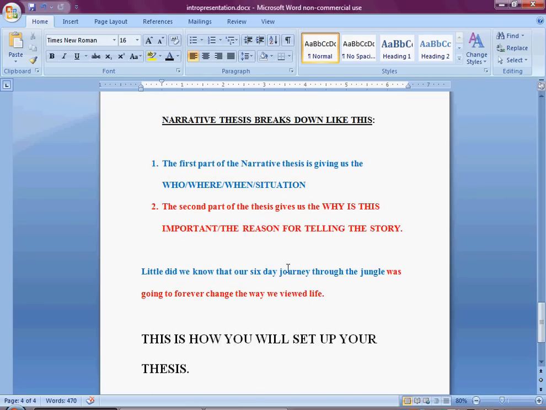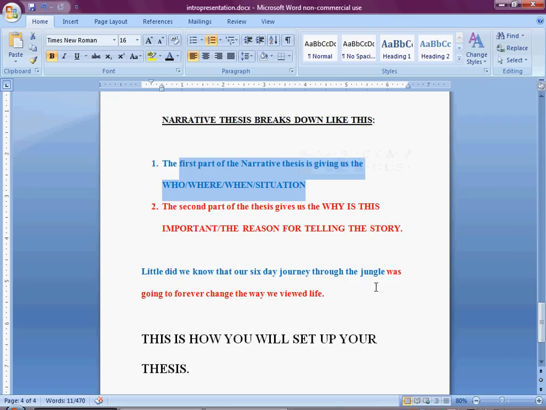"Little did we know that our 6-day journey through the jungle," that is this part here giving us the who, what, where, when. "Was going to forever change the way we viewed life." And that is the second part right here, the reason for telling the story, the importance of what is about to happen. So notice how this thesis statement is really broken down into two parts, the who, what, where in the blue, and the why it's important in the red.